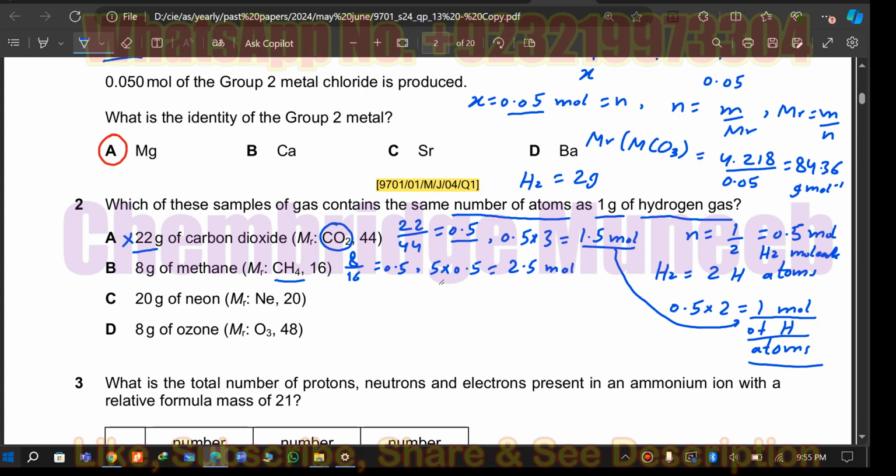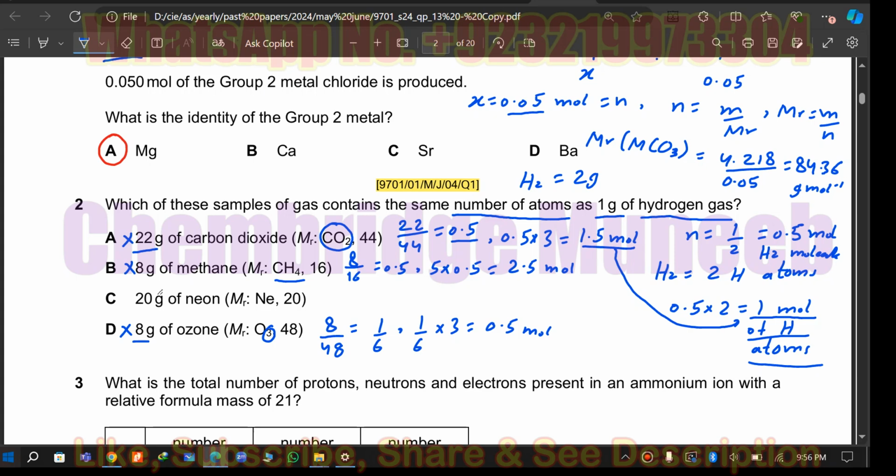This value again doesn't match with the 1 mole, so it's not B. Then let's check D. D is 8 gram, so 8 divided by 48, value is 1/6, and then this 1/6 is a mole of ozone molecule. It will be multiplied by 3 atoms of the ozone. The answer comes out to be 0.5 mole, so that's not the right answer.